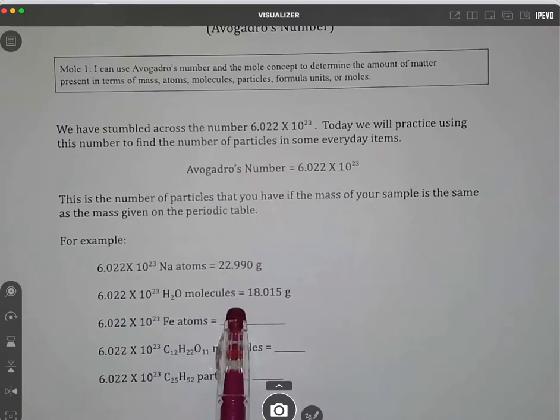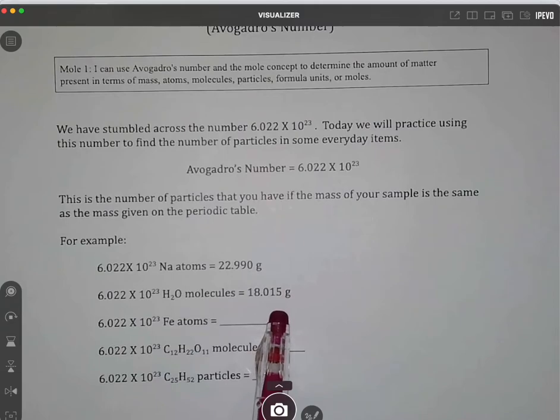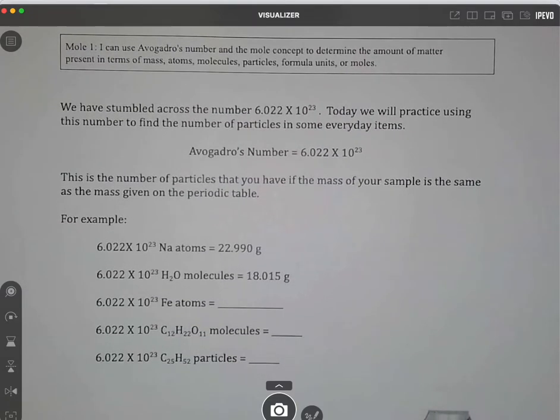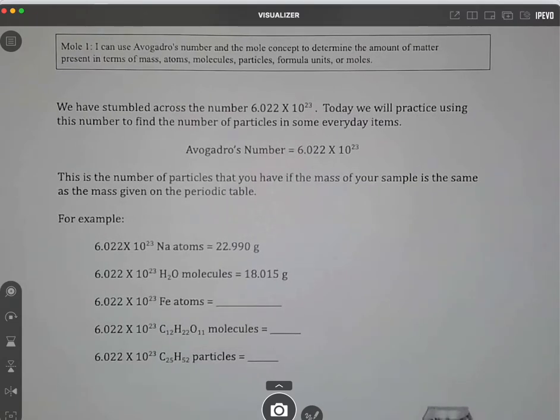Since one water molecule weighs 18.015 AMUs, 18.015 grams of water contains 6.022 times 10 to the 23rd water molecules. So grab your periodic table and figure out how much Avogadro's number of iron atoms would weigh, how much Avogadro's number of sugar molecules would weigh, and how much Avogadro's number of wax particles would weigh.